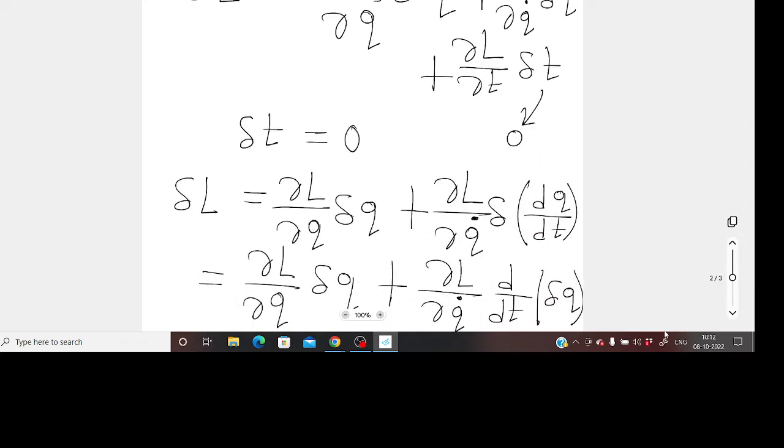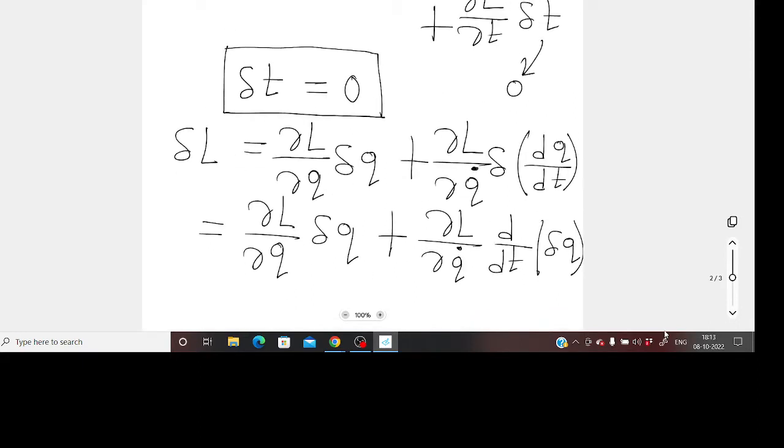Now I have said here delta t equal to 0 because the time taken for going from the first point to the last point is equal for all the paths. This is just an assumption. So what we have found is delta L equal to del L del q into delta q plus del L del q dot into delta q dot. And what is q dot? q dot is equal to dq dt, right?